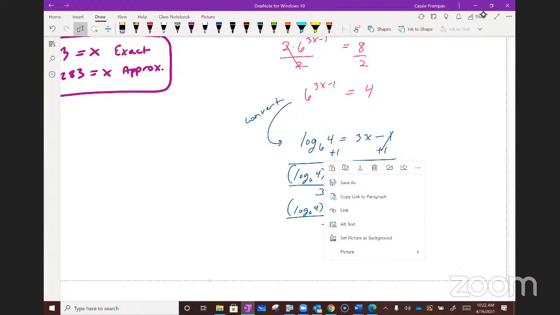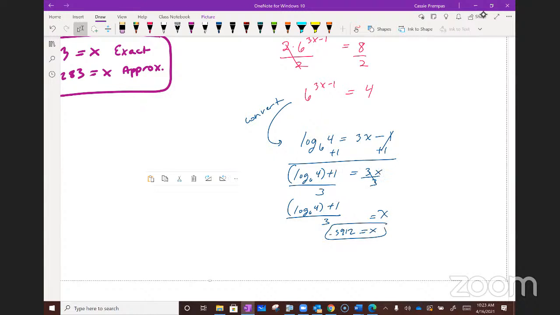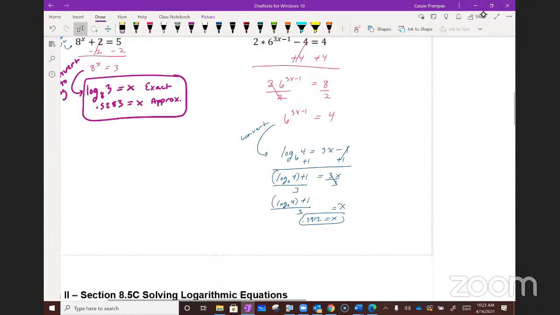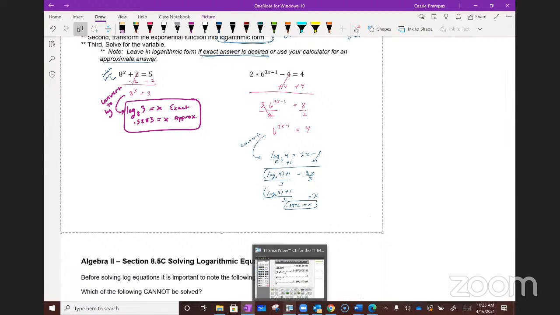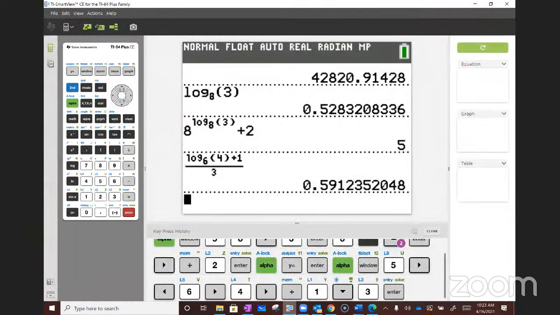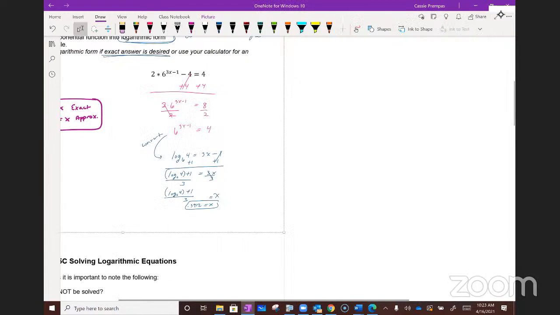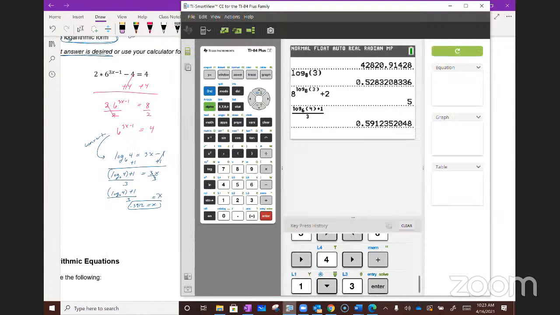Emily, will you have her check that? Yes, I will show how to check that. Good question. 0.5912 would be the answer rounded to 4 decimal places. Emily's asking, can we check that? This is a great thing to check, especially because there are so many steps involved. So I'm going to plug this answer back into the original.